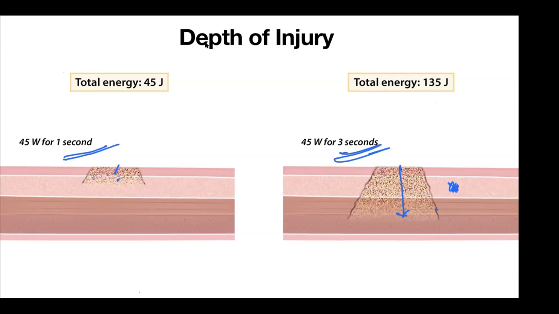Once you damage the submucosa and start damaging the muscle, there is a high chance that the patient may end up with a perforation or post polypectomy or post coagulation syndrome.